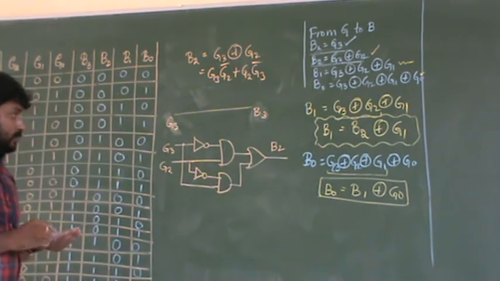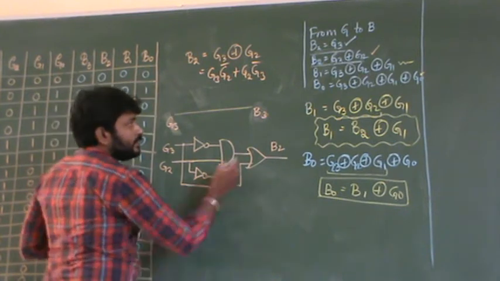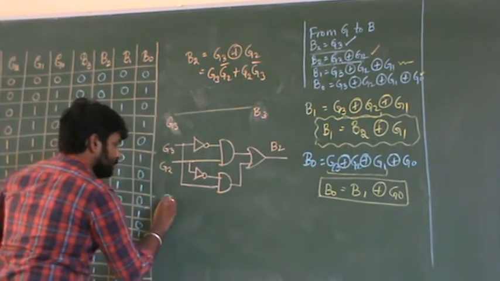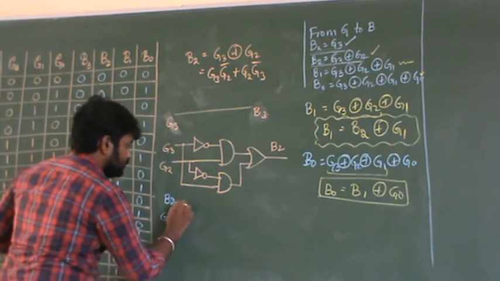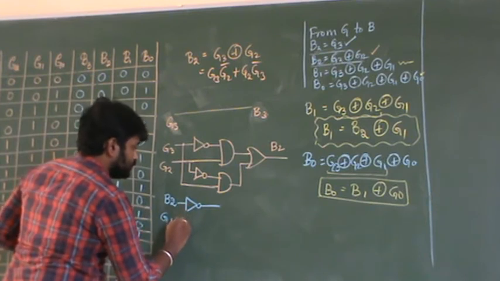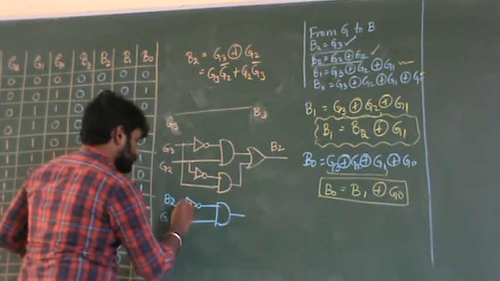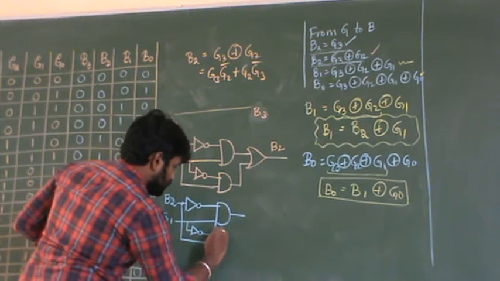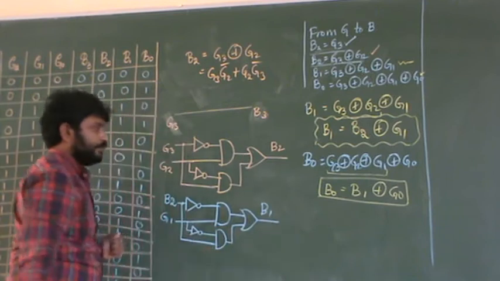So let me write down another circuit. For B1, that is B2 and G1. This is B1.